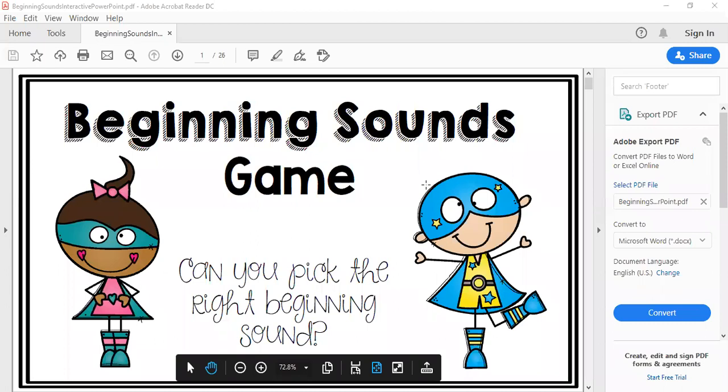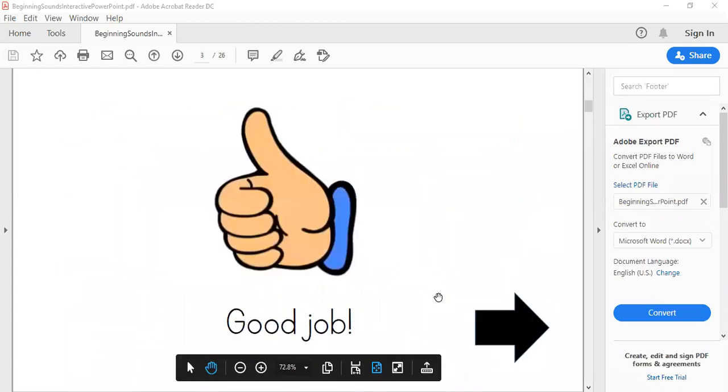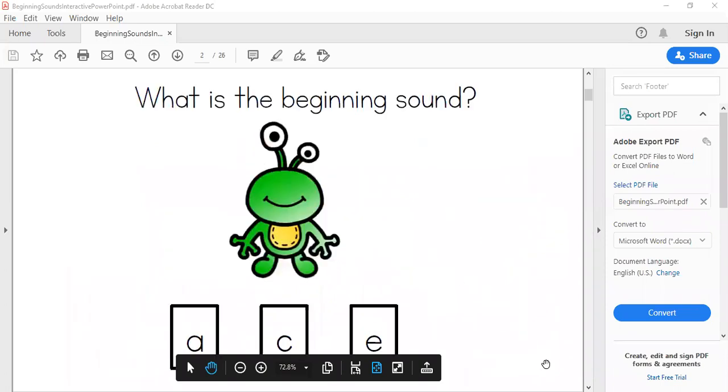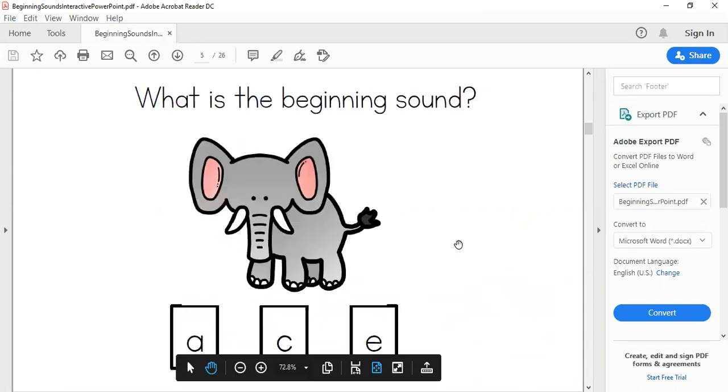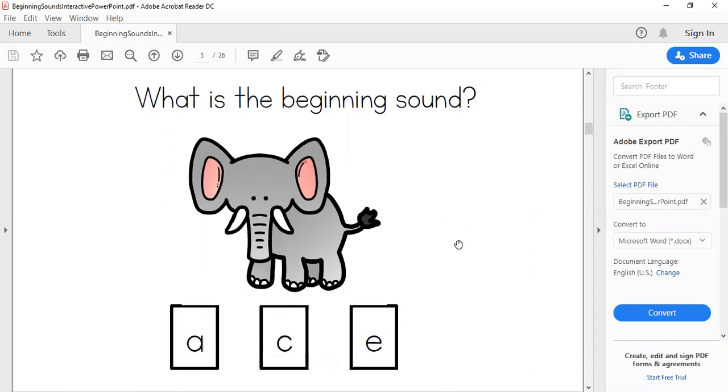So here's our beginning sounds game. Can you pick the right beginning sound? What is the beginning sound of alien? What do you hear? You hear A at the beginning. What is the beginning sound of elephant?